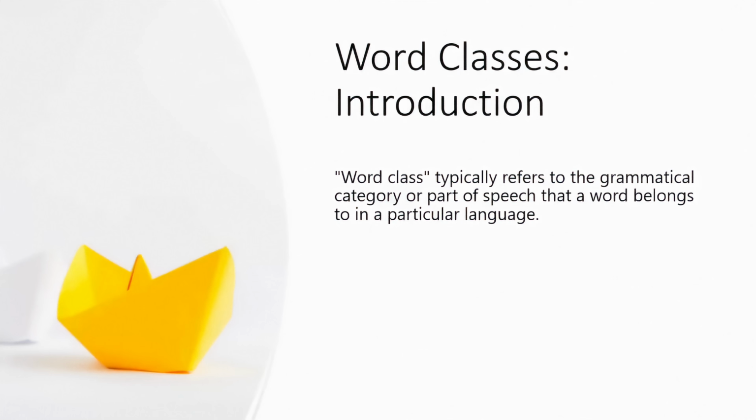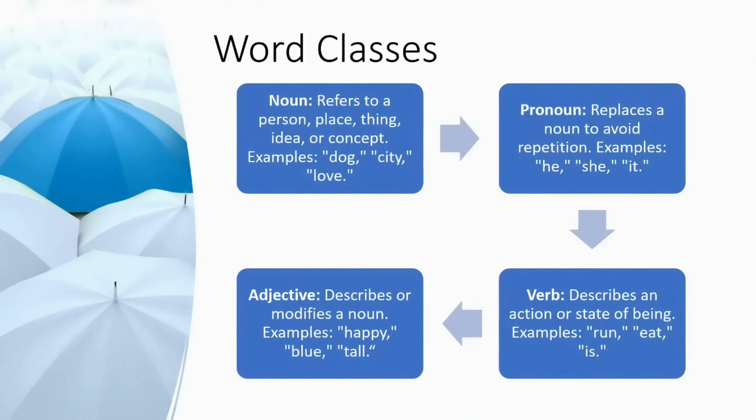So what is meant by word classes? Word classes typically refers to the grammatical category or part of speech that a word belongs to in a particular language. So what kind of words are these? What role do they play in a sentence? These are called word classes.